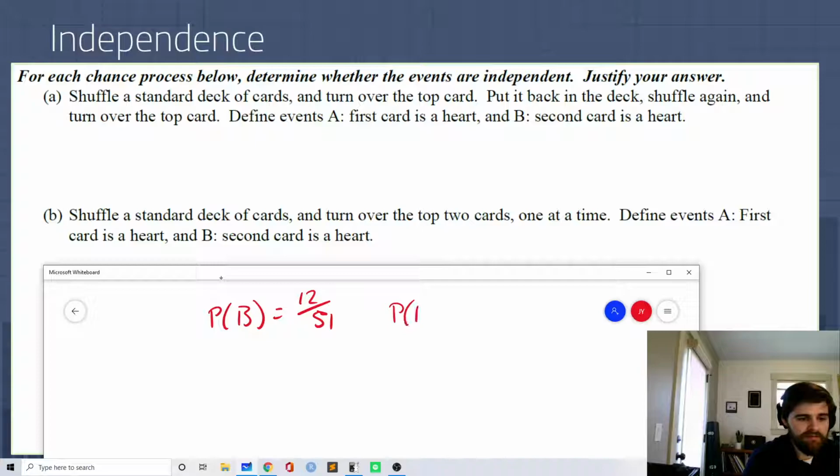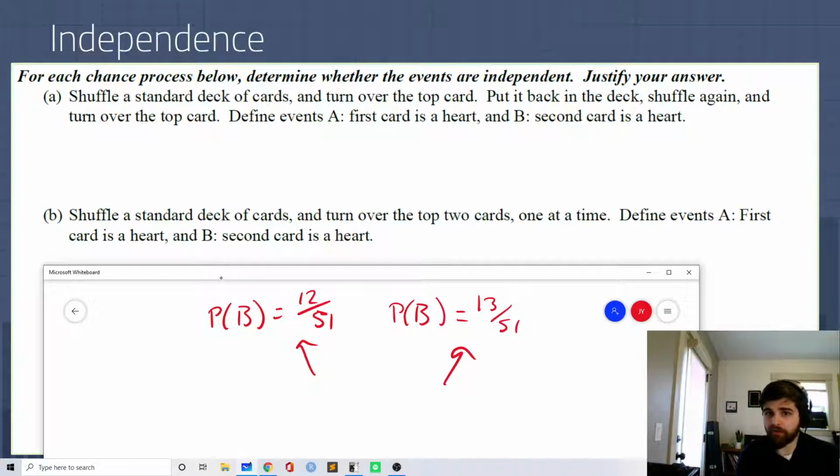But the probability of B happening if A didn't happen is going to be different. It's going to be 13 out of 51. So there's two possibilities. Depending on what happened with A, if we got a heart out already or not, the probability of B is going to change. That's the idea of a lack of independence, right? The probability of B depends on what happened with event A.